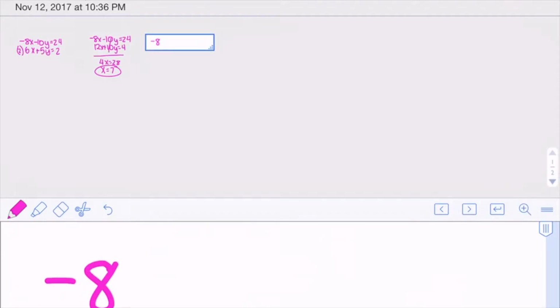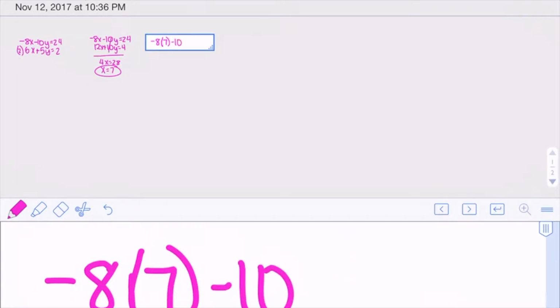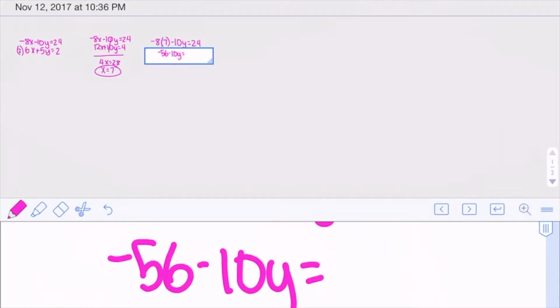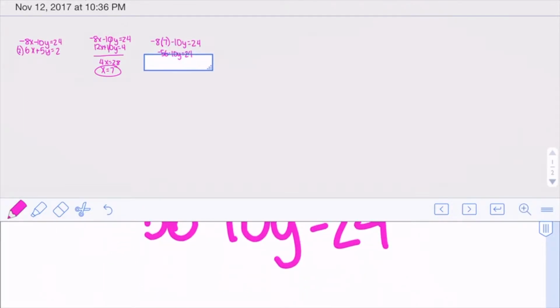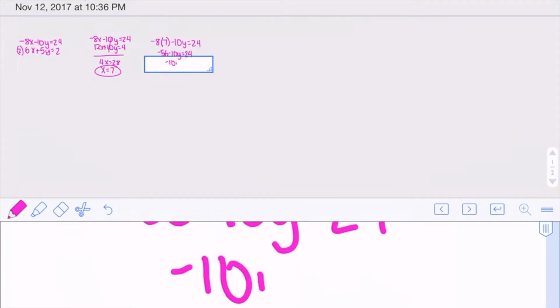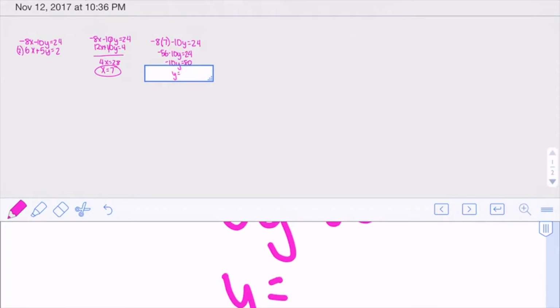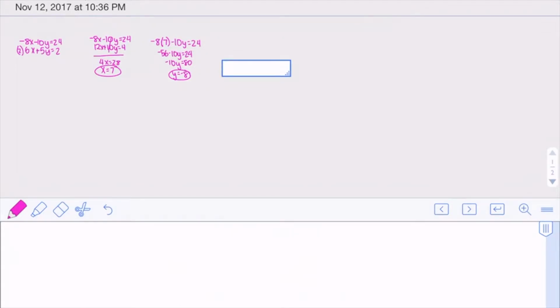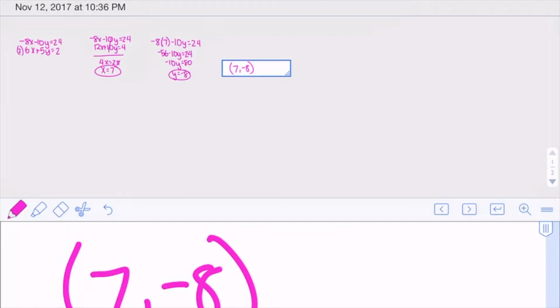Now take x equals 7, plug it into negative 8x minus 10y equals 24. So you will get negative 56 minus 10y equals 24, then negative 10y equals 80, giving you y equals negative 8. So put in parentheses 7 comma negative 8, and that is your answer.